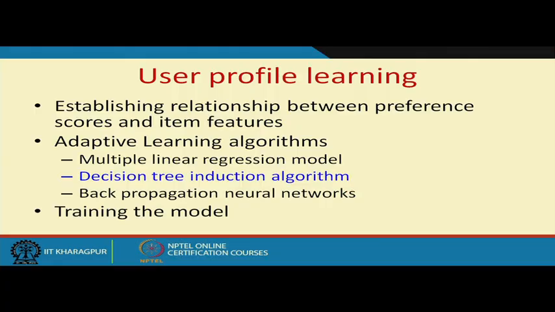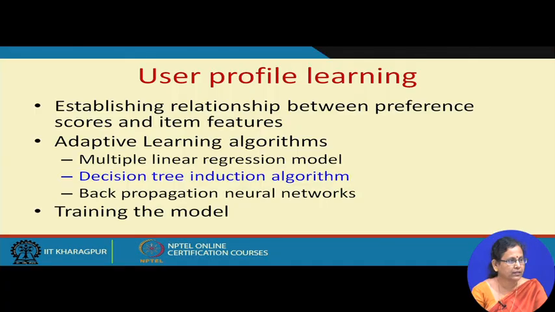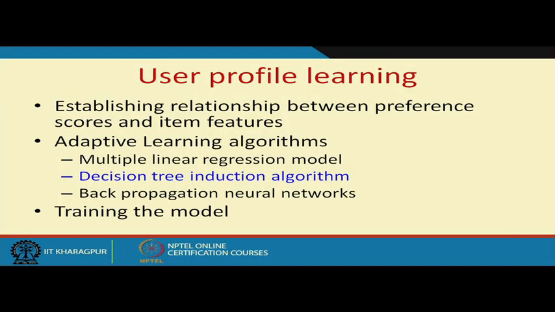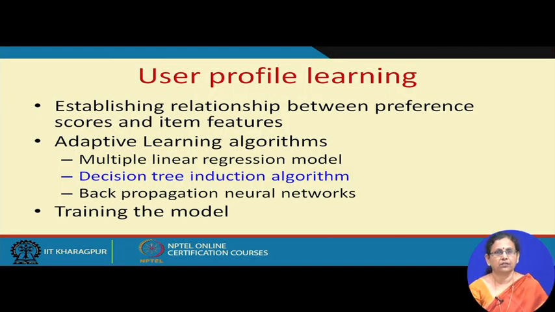Then next task is user profile learning. So, it is about establishing a relationship between the preference score and item features. Many algorithms can be used for this. One of these algorithms, the decision tree induction algorithm, with the items with some specific known explicit features, can be used to understand this particular model.